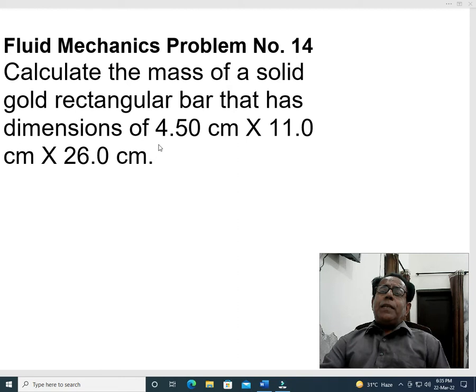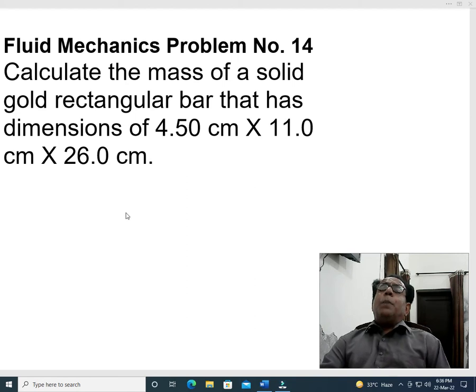We will have to find out the volume of this rectangular bar by considering 4.5 centimeter as length, 11.0 centimeter as width and 26.0 centimeter as height. Length into width into height.